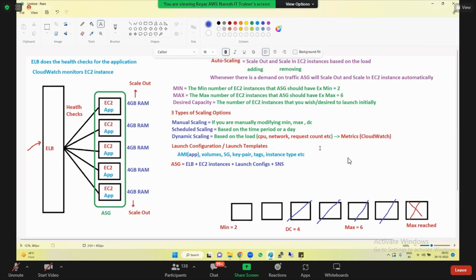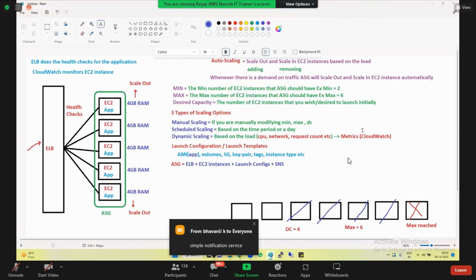SNS is used for what? For notification purposes. If any EC2 instance is launched or scale out happens and you want to get a notification, yes, use SNS here. Without ELB, do you have an auto scaling group here? Should have it, no? Okay. Everyone understood?